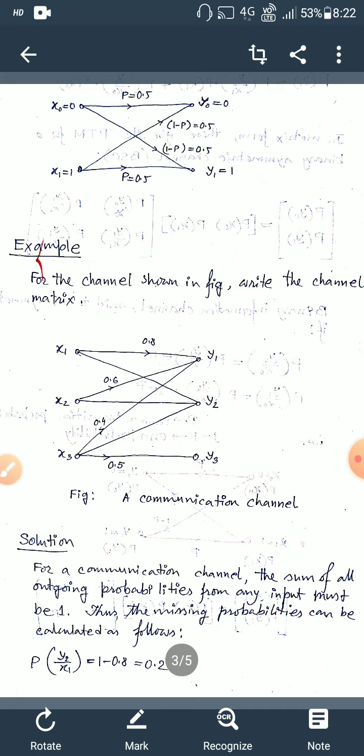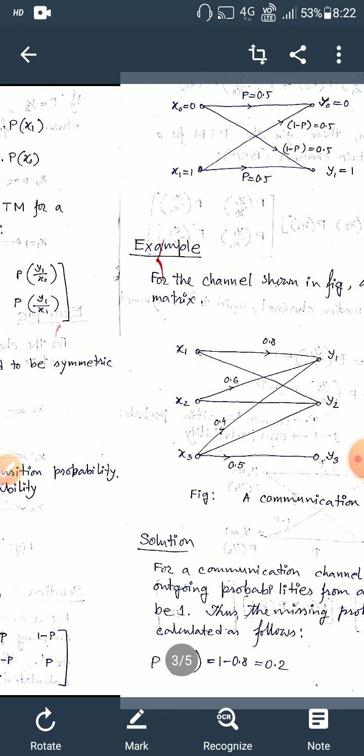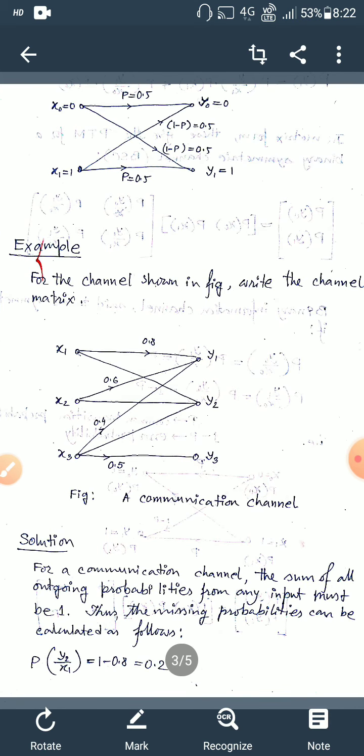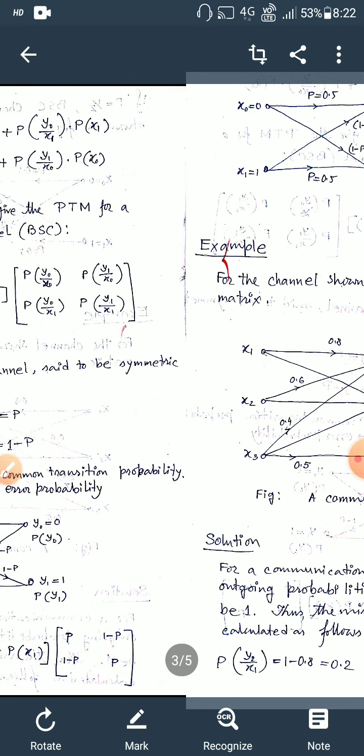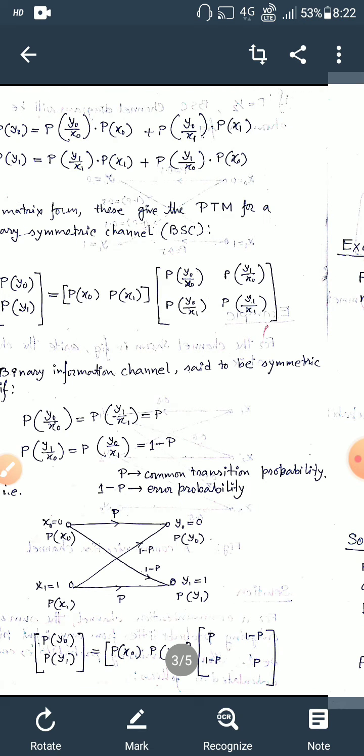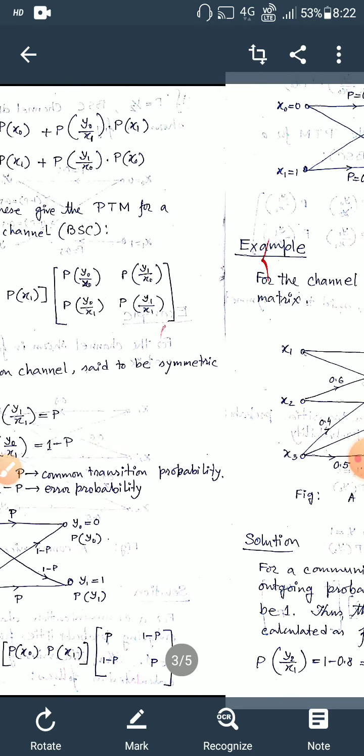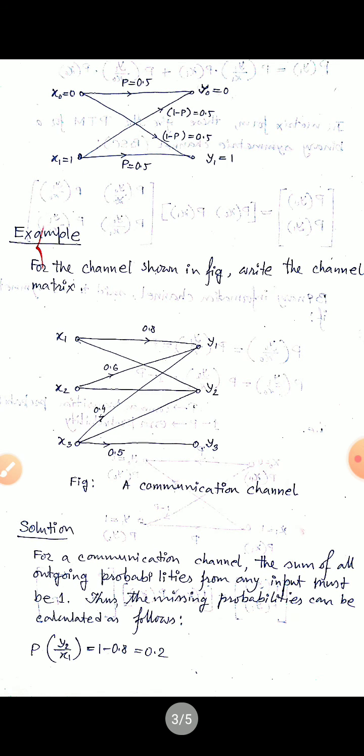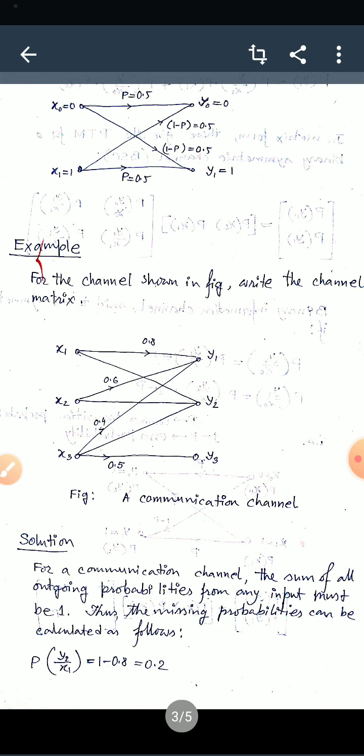An example is provided, and I think it will be easy to understand, where the probability is taken as 0.5.